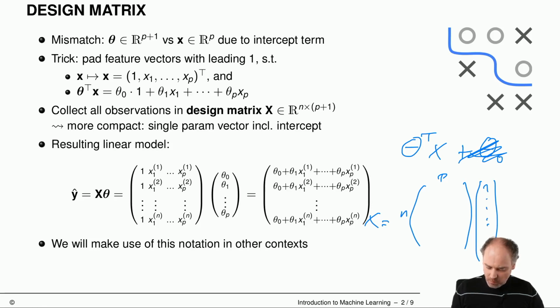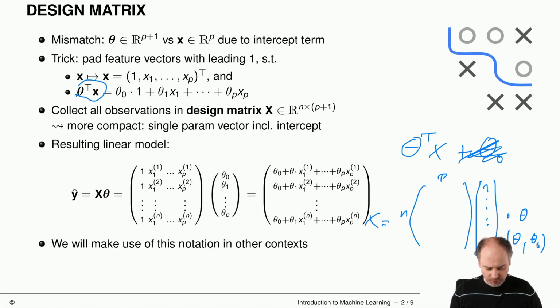If we multiply this with theta, which looks like our normal feature vector theta with theta 0 added in, then theta 0 becomes the coefficient for this constant 1 vector, and it is the intercept. This allows us to use the more compact notation like this, right? Whenever I do that, I've implicitly used this padding trick.